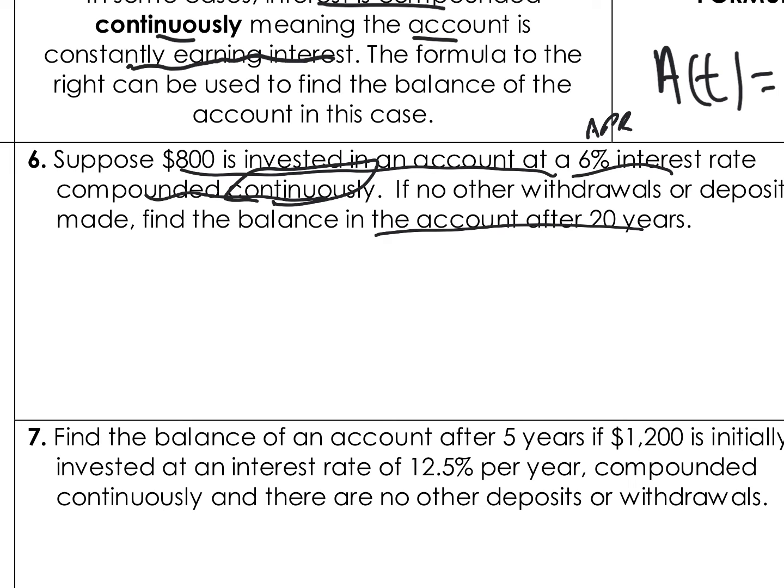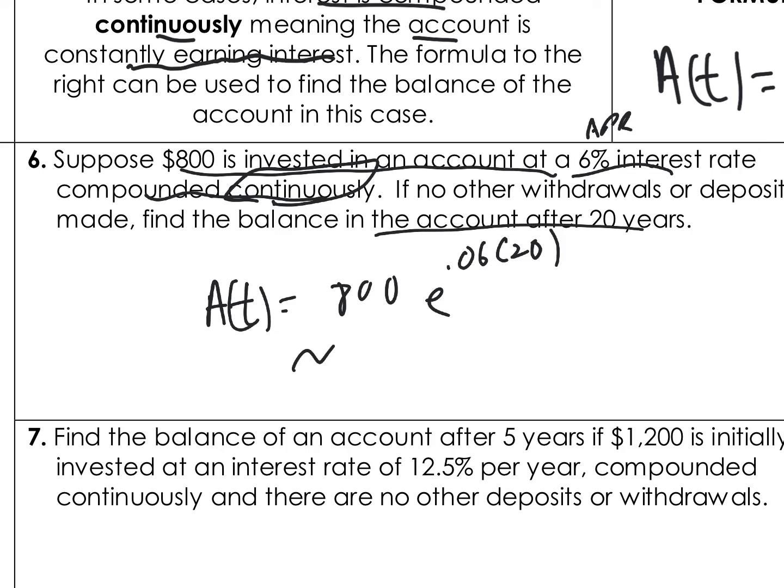Piece of cake, just like the homework you had earlier. A of t will be equal to the amount of money I start out with, 800, e to the interest rate 0.06 times the 20. That's the exact answer. You want to clean that up a little bit? I'm not going to clean it up.